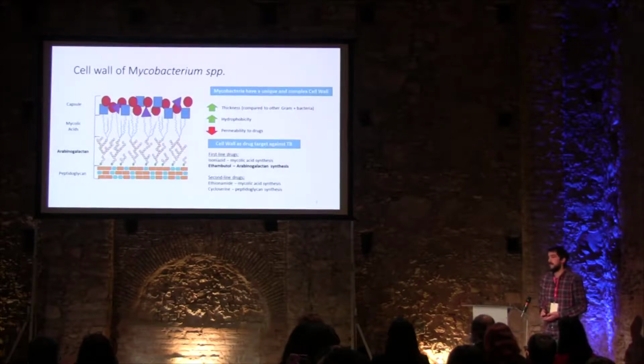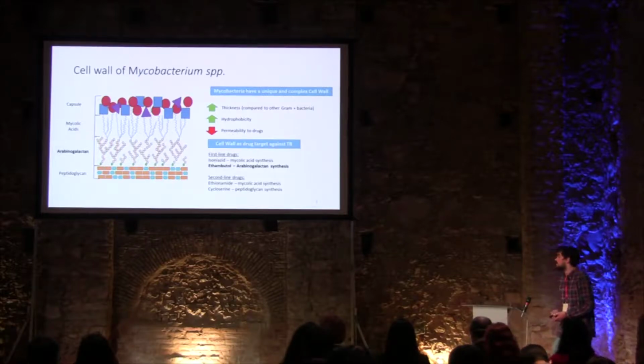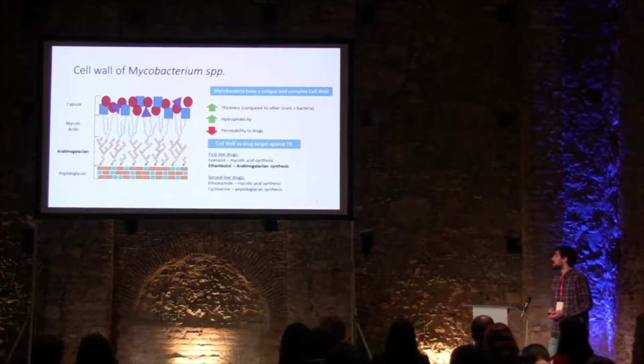The cell wall of Mycobacteria is a unique and very complex structure. It has increased thickness and hydrophobicity compared to other gram-positive bacteria, and it has lower permeability to drugs. It is an essential feature of the bacteria, and therefore it is a suitable drug target against tuberculosis.